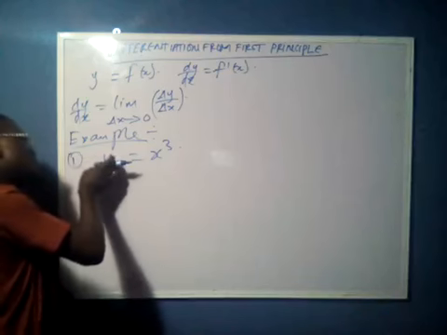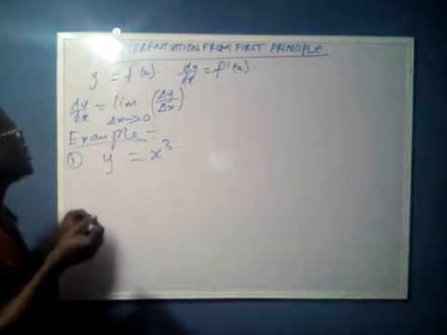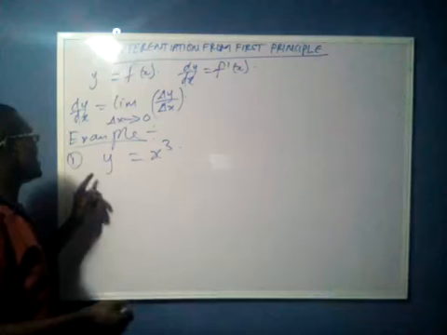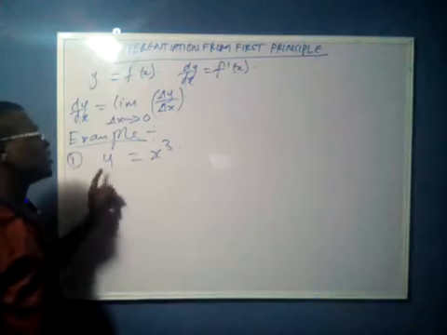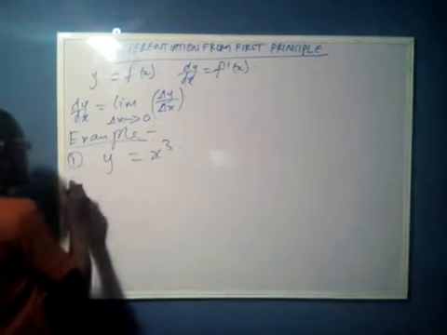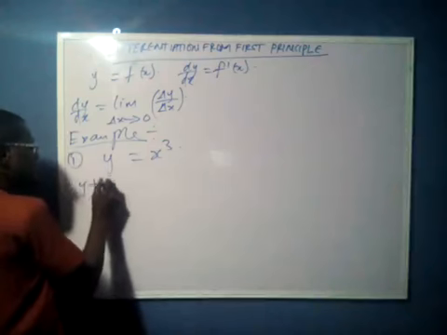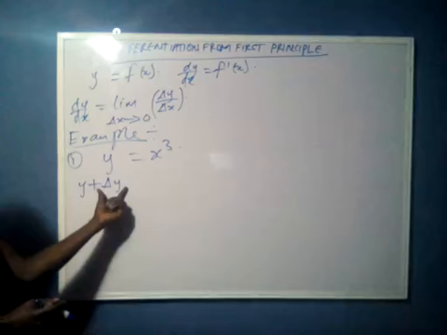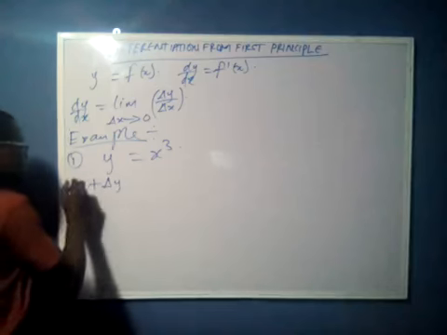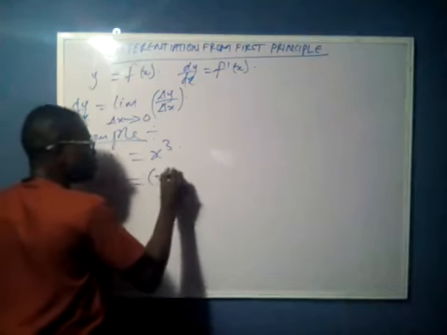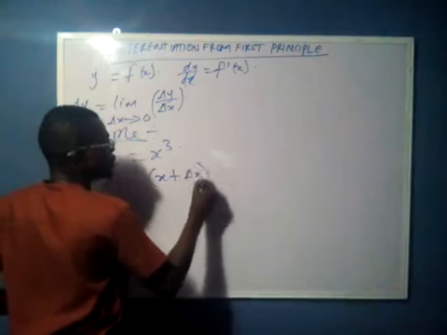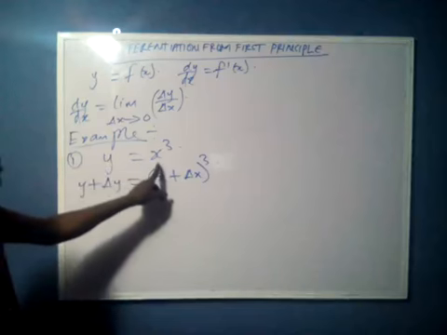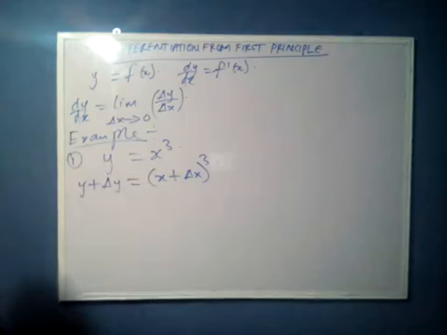If there's any change in y at all, there's going to be a corresponding change in x, because x and y are closely related in this equation. So let's say y plus change in y equals x plus change in x, because to every change in y there is always a corresponding change in x.